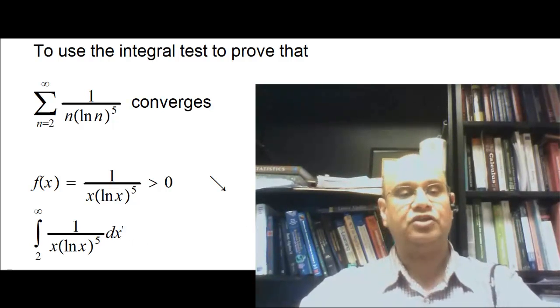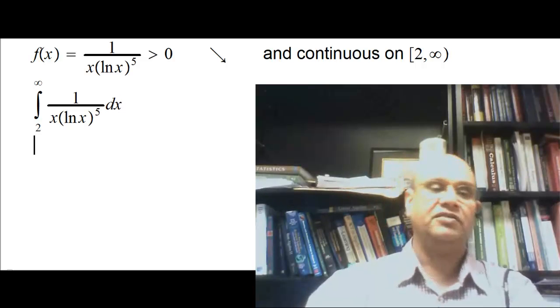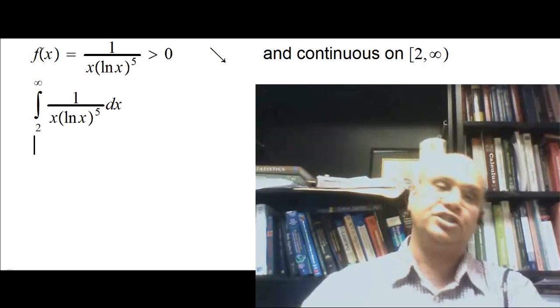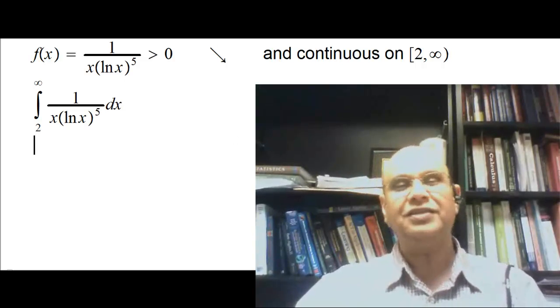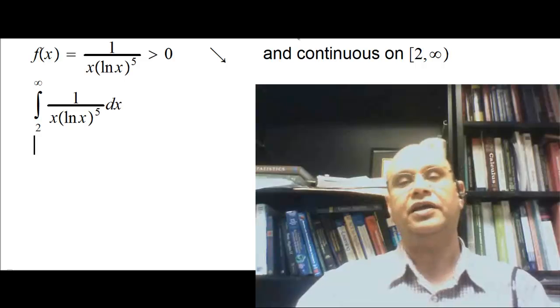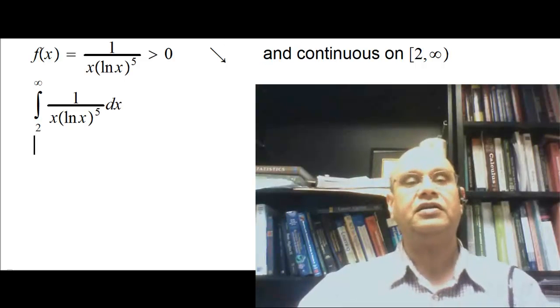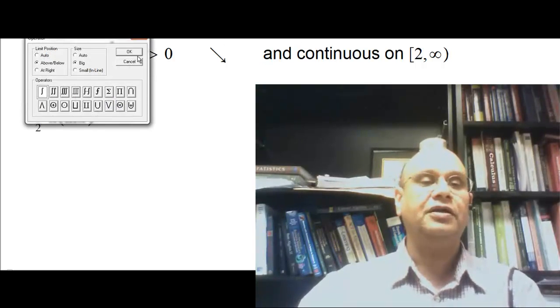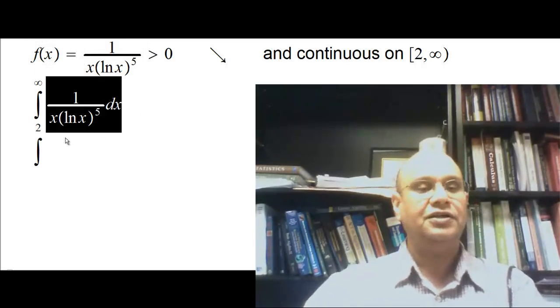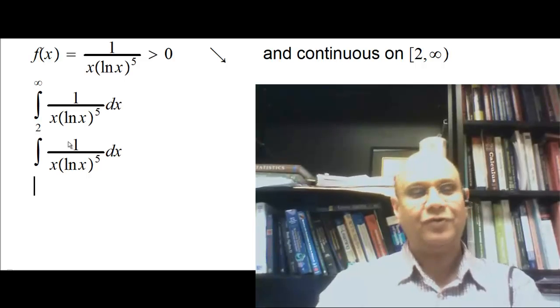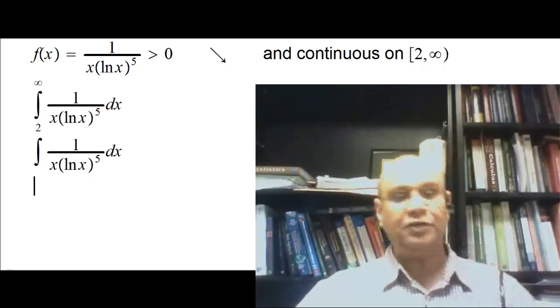So this and this will have the same nature. That is, if this converges, that one converges. If this diverges, then that diverges. So in this case, let's do slightly unlike the other definite integral because this is improper. So let's just try to evaluate this first and tell me, what do you think I should use for substitution?